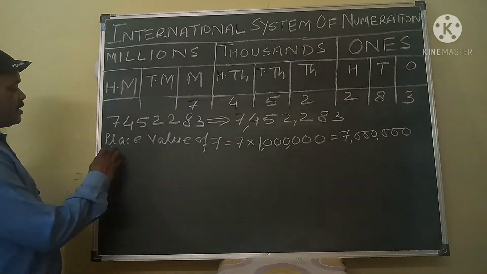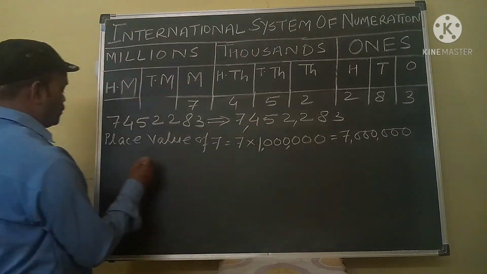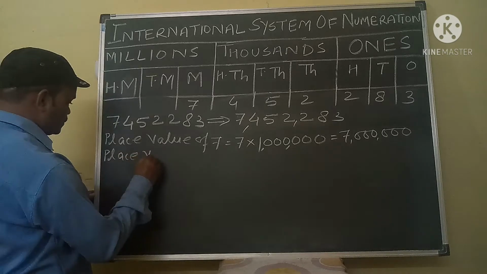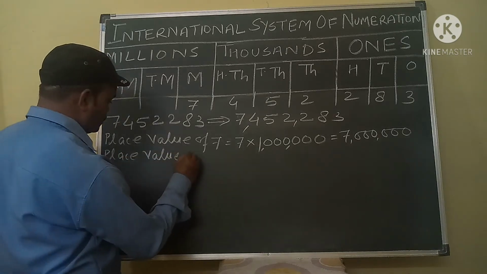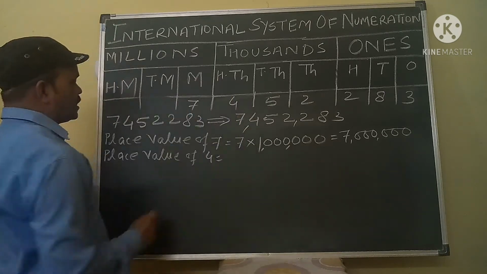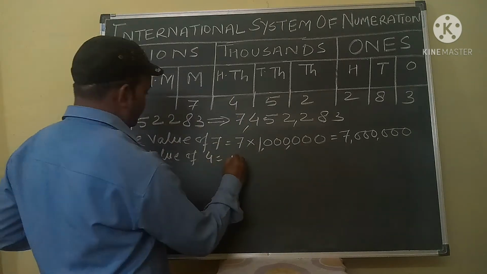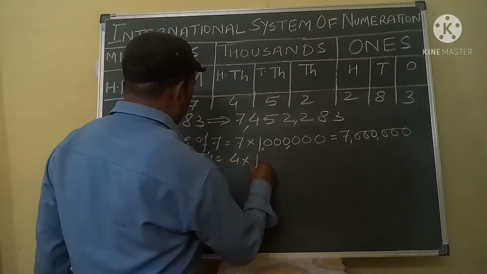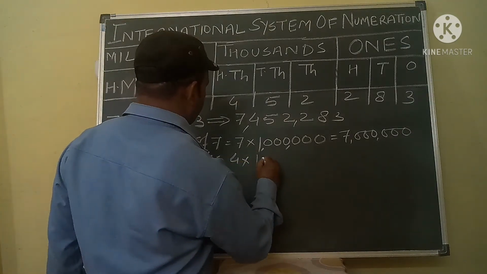Again, we will discuss place value of 4. 4 is in which place? 100,000 place. So 4 multiplied by 100,000.